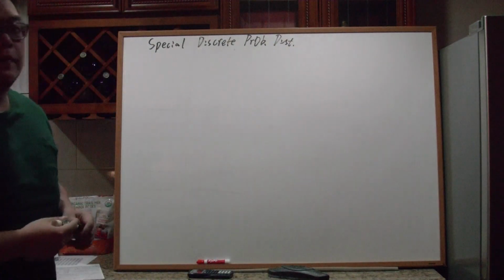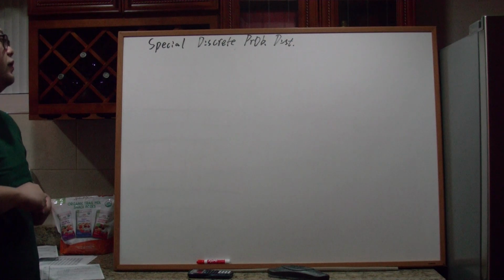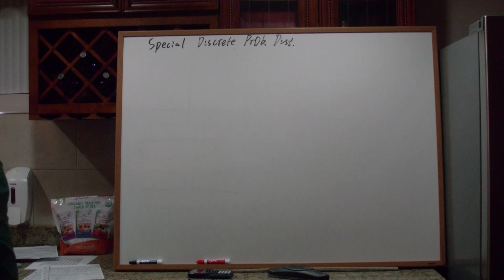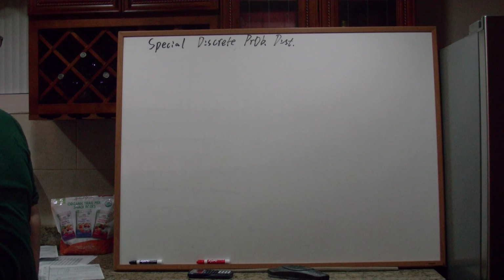Now, special discrete probability distributions. The first one is called Bernoulli.